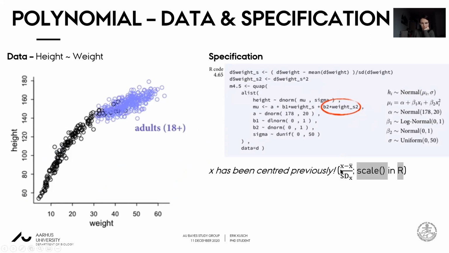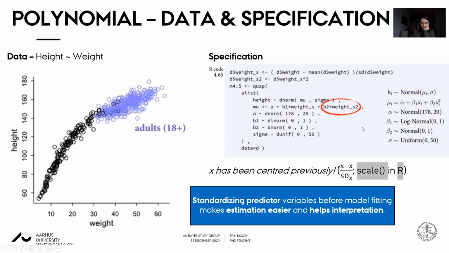Don't know how many of you have used that. I've grown to like it quite a bit because it makes different variables intercomparable, because everything is explained by standard deviations around the mean of that one variable. You can use the scale function in R to do that, for example. So standardizing predictors, like I already said, before model fitting makes our estimations easier and then also helps with the interpretation, especially if you have something we don't have in this session today, multiple different variables which are on different scales.